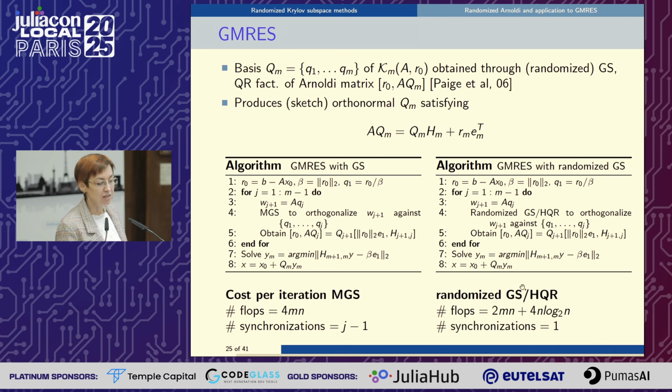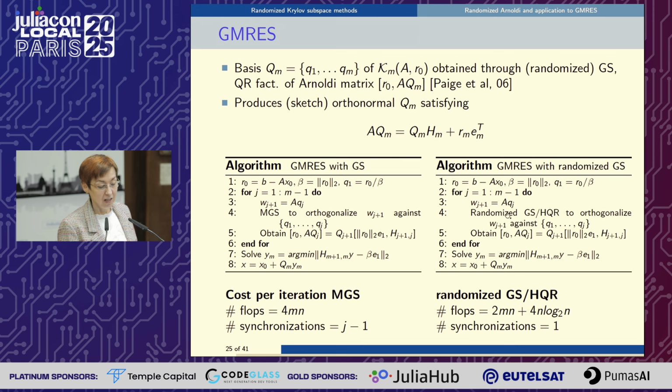And in GMRES, that's very simple to implement. If we look at the GMRES algorithm, where we would use classical Gram-Schmidt or modified Gram-Schmidt, this algorithm will build a new vector of the basis, orthogonalize this vector against the basis, and then after a number of iterations, it will solve a least squares problem to find the new solution x.